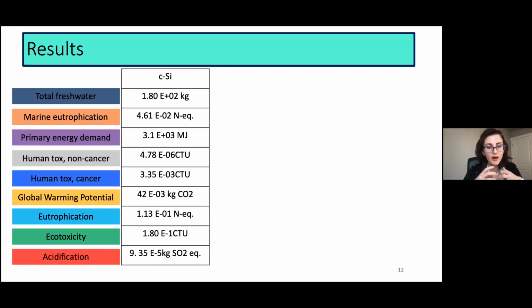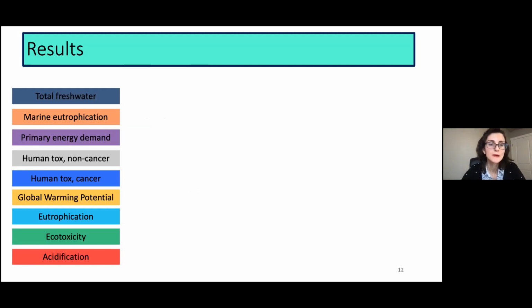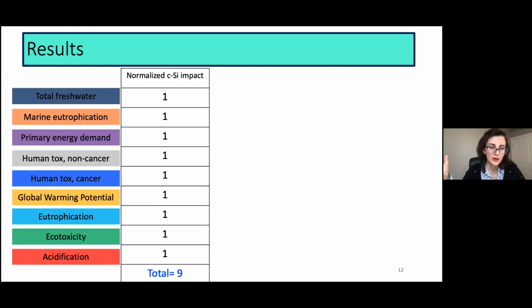Then to simplify our results and get a larger audience for our research, we normalized them, based on crystalline silicon impacts, and then consider all of them as one impact. So we ended up with a unitless number, 9 here, since we have 9 impact categories.